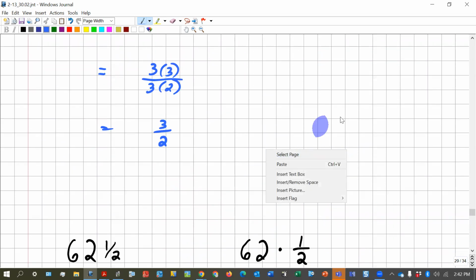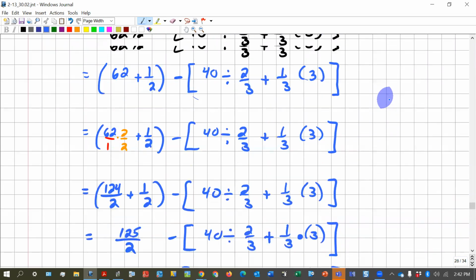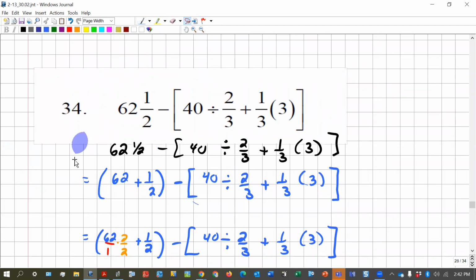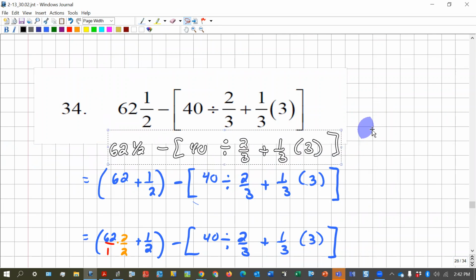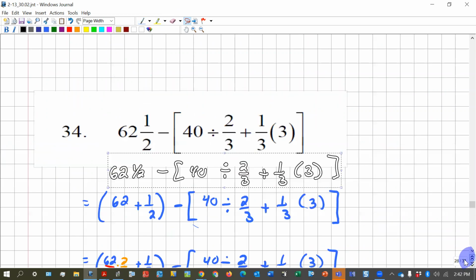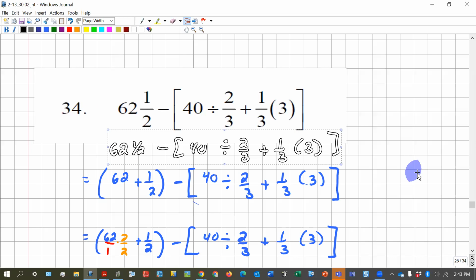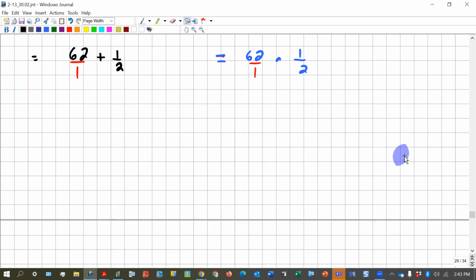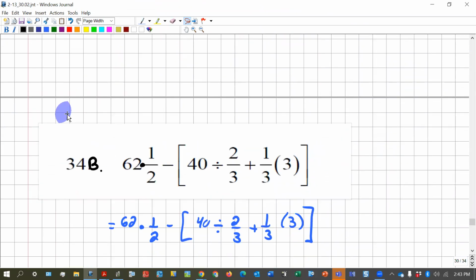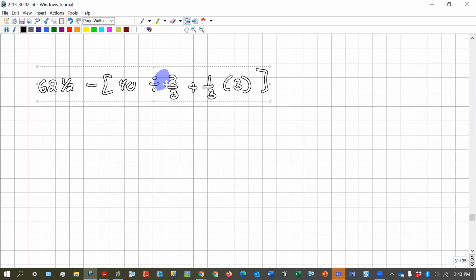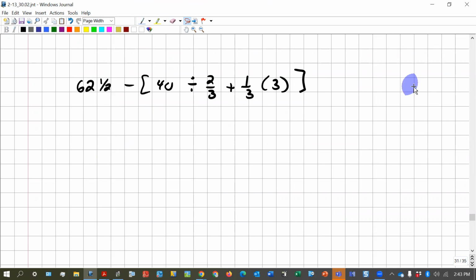Or in this particular problem, if we hadn't noticed that we have this mixed number, and if we had left it as a mixed numeral, and said to ourselves, to divide, we need to multiply by the reciprocal.